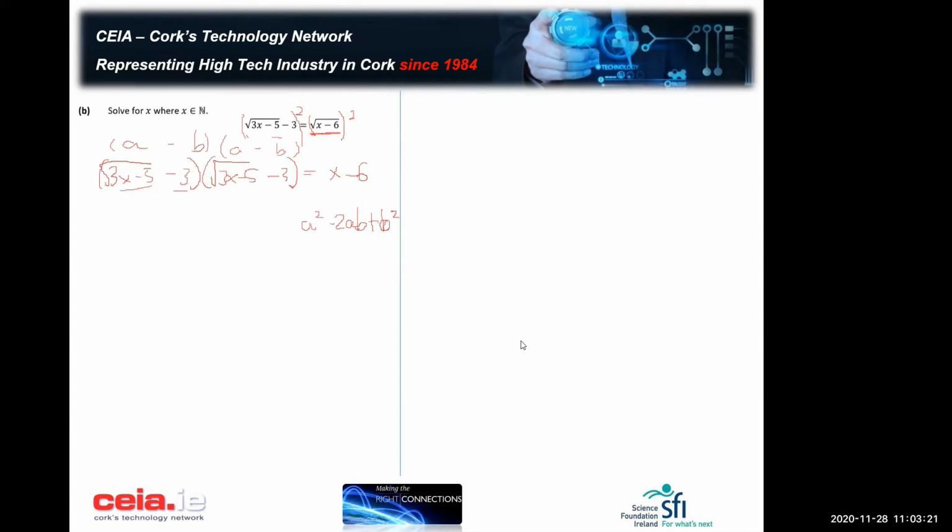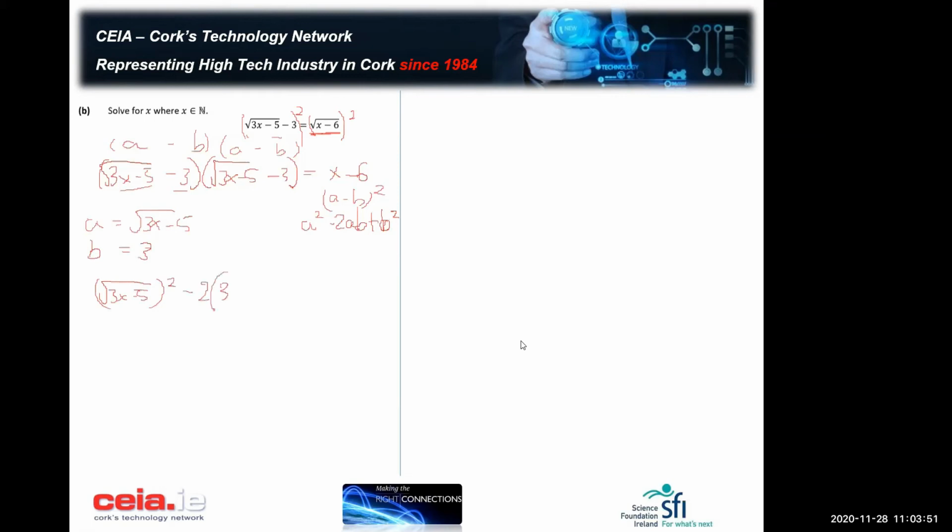That's your formula when you have an a minus b squared. And here we have an a minus b. In this case, our a is the square root of 3x minus 5, and our b is 3. So our answer to that is going to be the square root of 3x minus 5 squared, minus twice a by b.